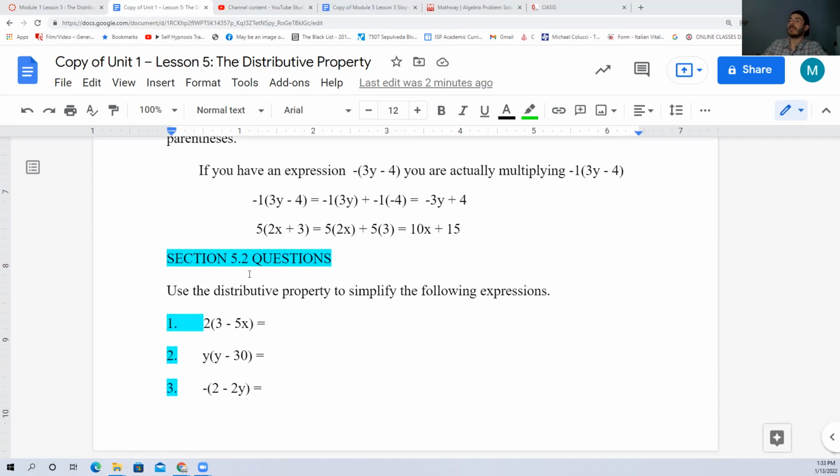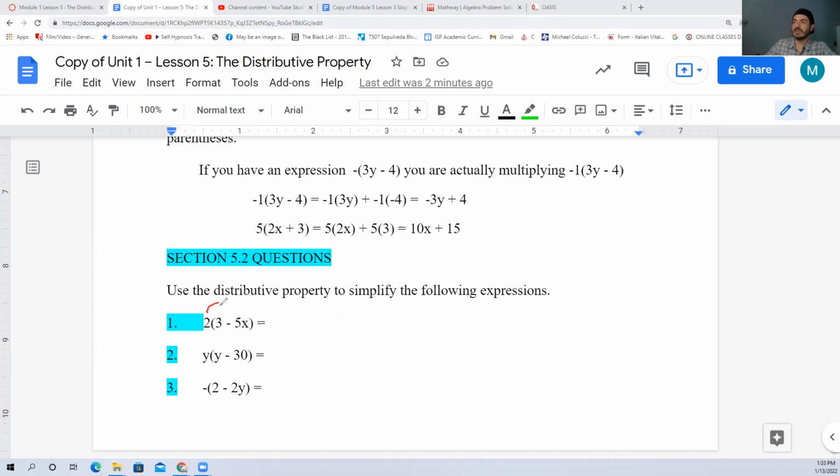Use the distributive property to simplify the following expressions. I would prefer that the writer of this was a little bit more careful with the word simplifying, because there are times when this is simplified. Not always. In fact, most of the time they're correct, but simplify is sort of a subjective idea.